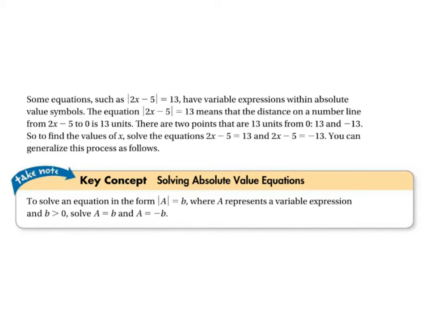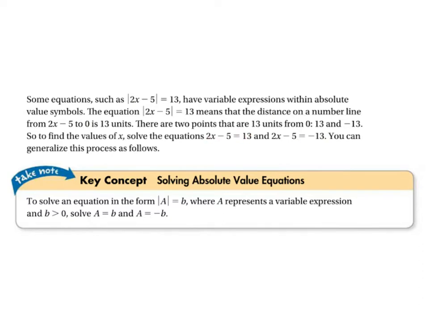So as it says, the equation means that the distance on the number line from this to 0 is 13 units. So there are 2 points that are 13 units from 0, 13 and negative 13.